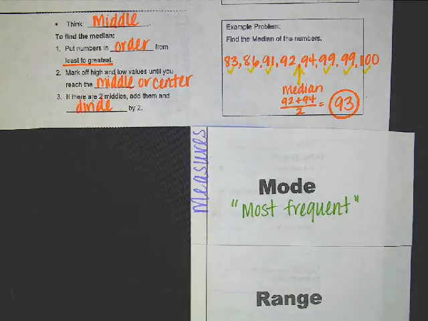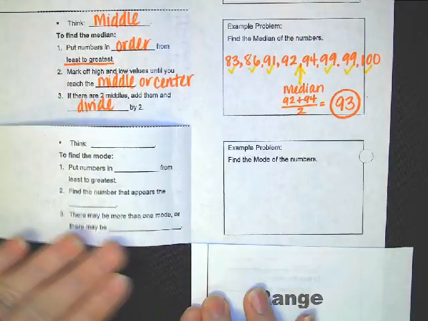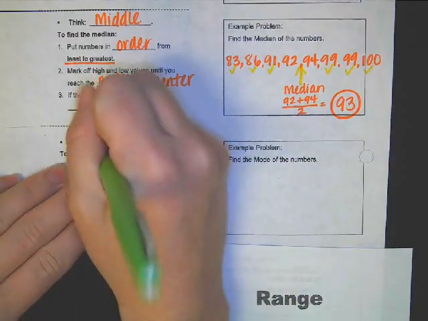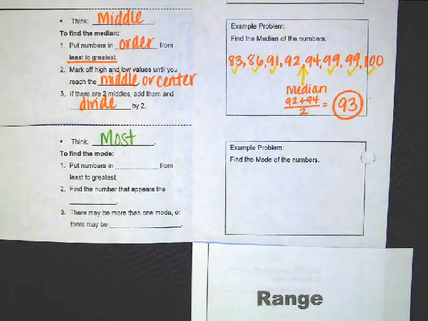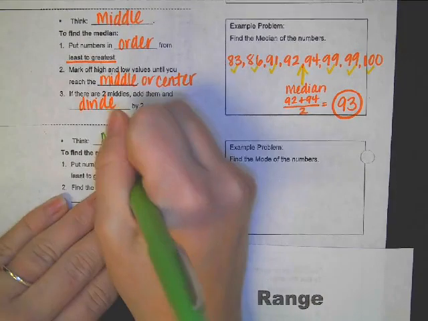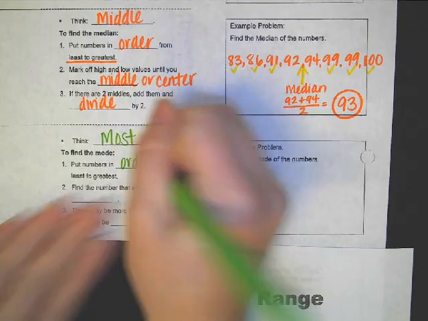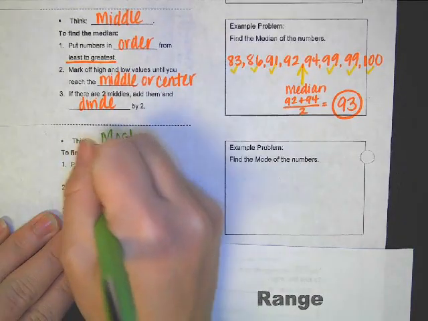Now let's take a look at the word mode, also known as most frequent. If you will, go ahead and open this foldable and let's take a look on the right and left side. When we think about the number that appears the most, we've got to figure out how to solve that. Again, we're going to use those numbers that are written in order from least to greatest, and we're going to find the number that appears the most.